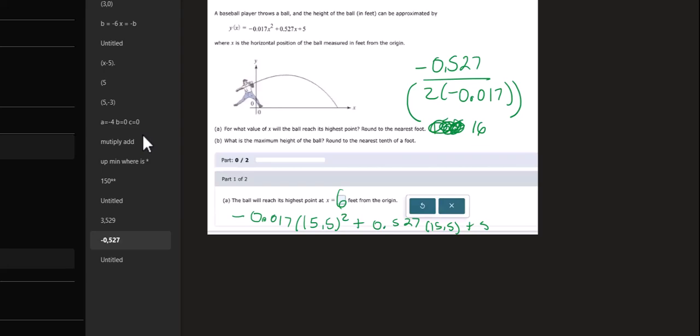And I get 9.08425, and it says to round your answer to the nearest tenth of a foot, so that'd be 9.1.